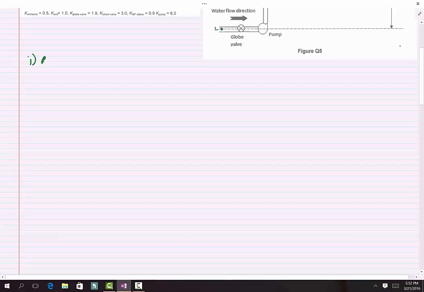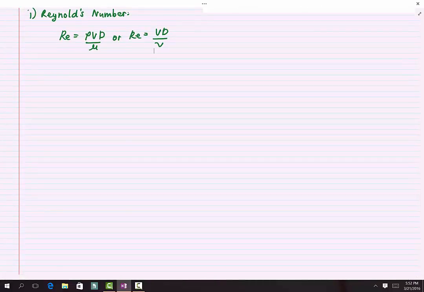So the first question is the Reynolds number. Reynolds number equals rho Vd over mu, or Reynolds number equals Vd over kinematic viscosity. We have to convert the units of volumetric flow rate from liter per minute to meter cube per second.